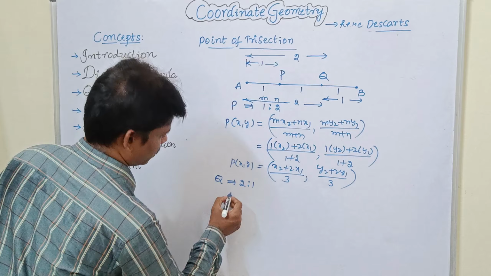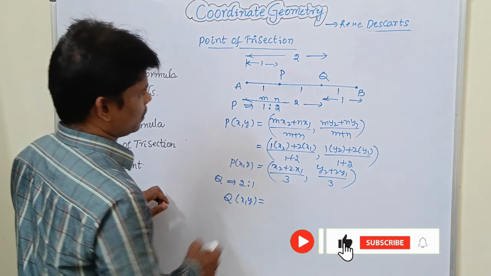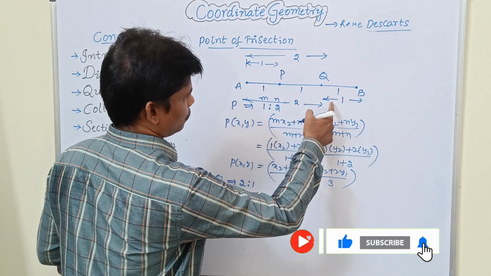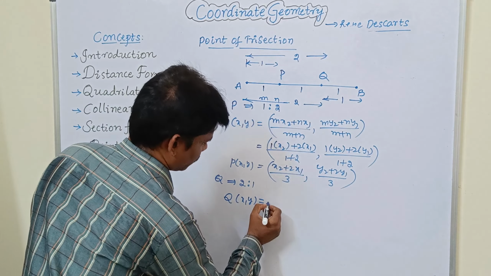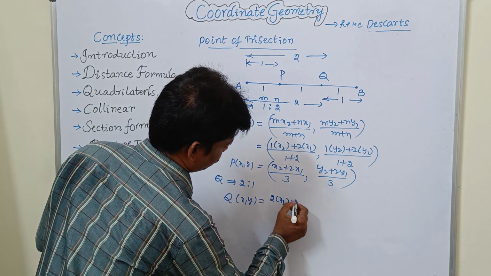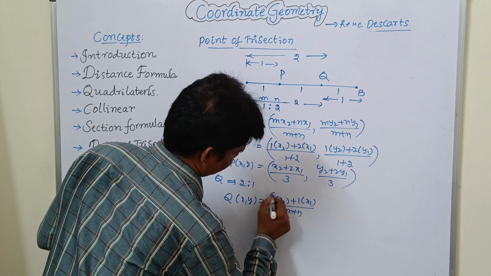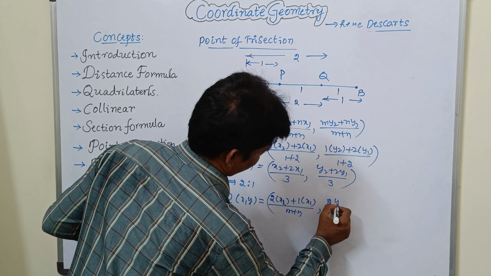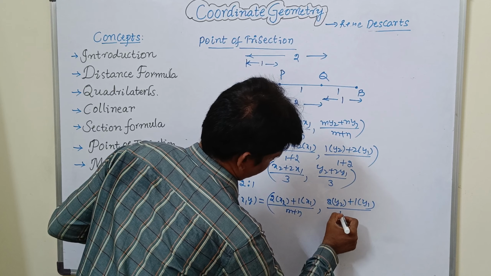Same formula, the section formula, for Q x comma y. Substitute here: m is 2, n is 1. So 2 into x2 plus 1 into x1 by m plus n. The same way, 2 into y2 plus 1 into y1 by m plus n.